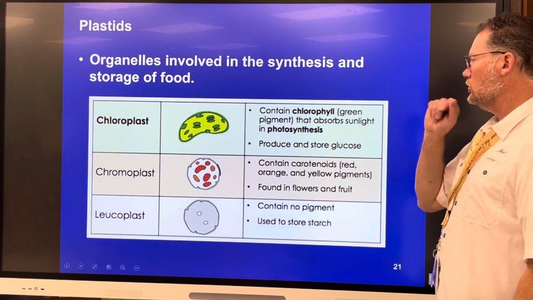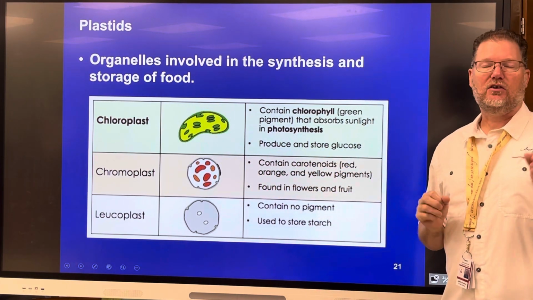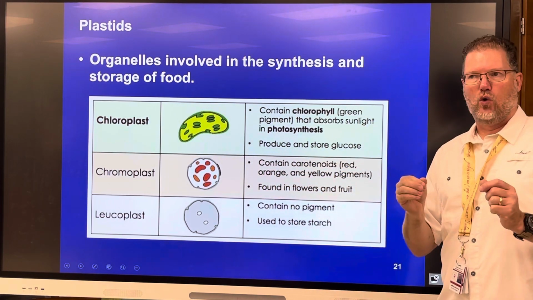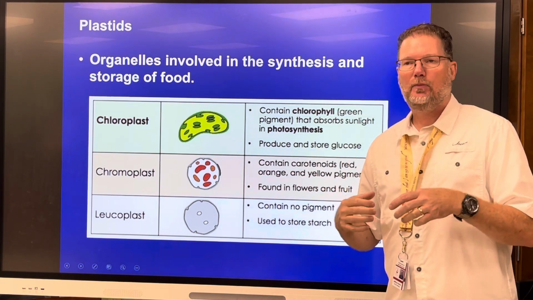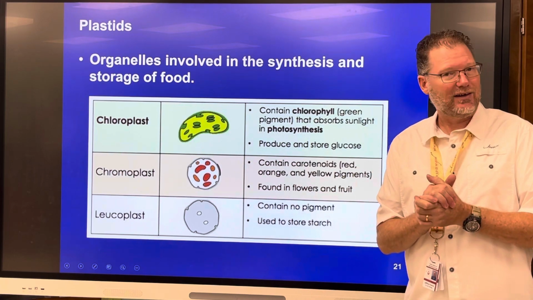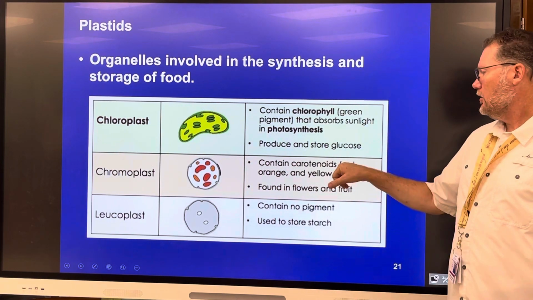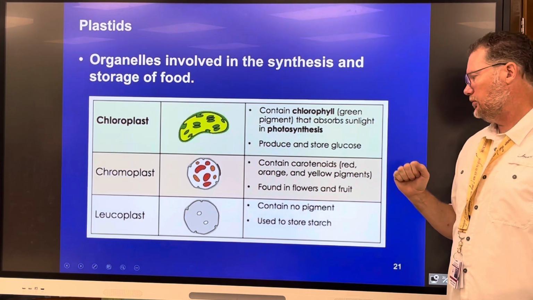Produce and store glucose. Chromoplasts contain different pigments to absorb different wavelengths of sunlight, which increases the efficiency of the photosynthetic process. So red, orange, and yellow pigments would be in the chromoplasts.